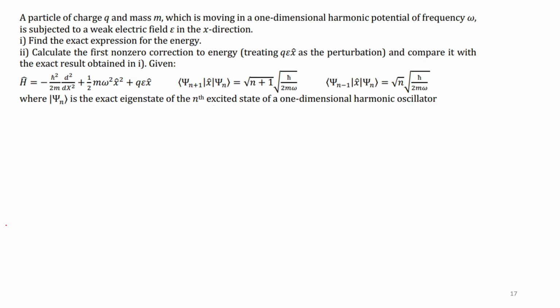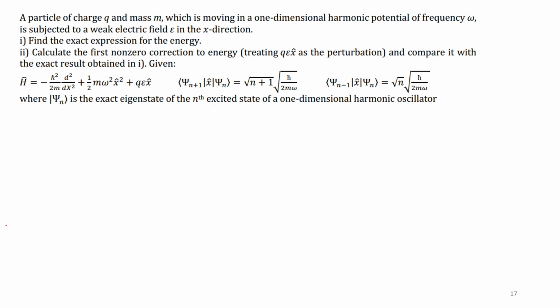We need to find the expression of the energy. See, the Hamiltonian is given. The second part is to calculate the first non-zero correction to the energy, treating qεx as the perturbation, and compare it with the exact result obtained in the first part.